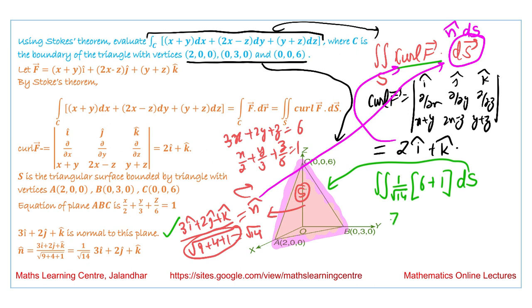So we get 7 by square root 14 into the double integral of dS, which is the area of triangle ABC.